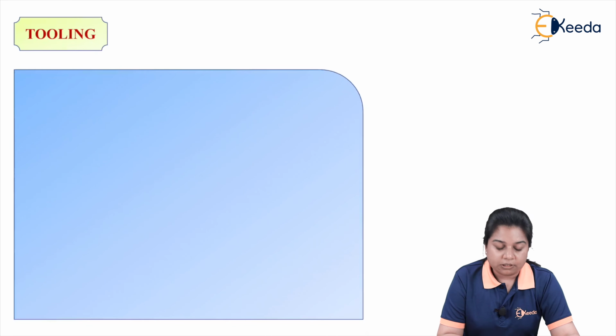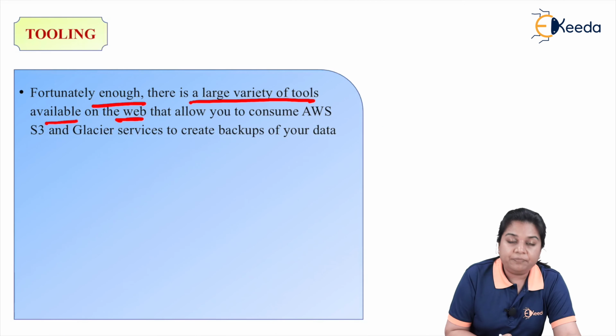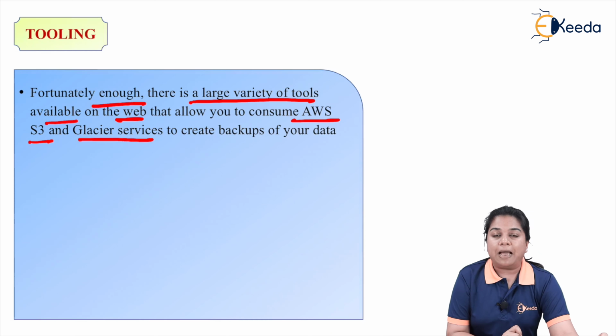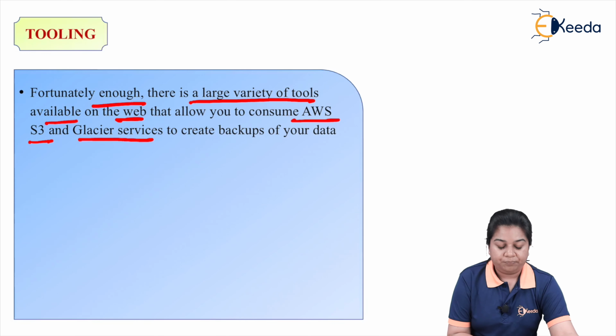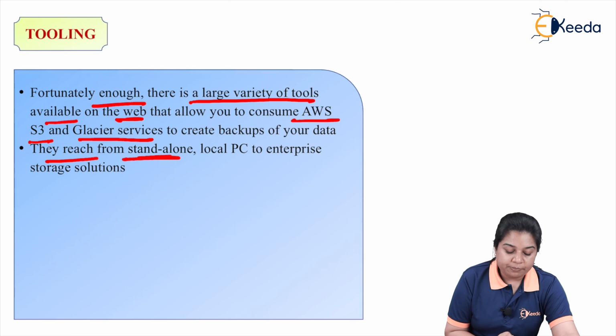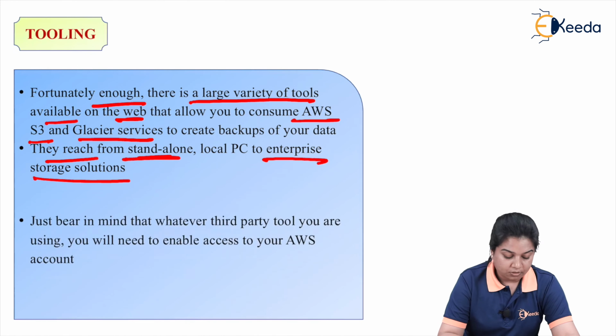Now, the tooling. Fortunately enough, there is a large variety of tools available on the web that allow you to consume AWS S3 and Glacier services to create backup of the data. They range from standalone local PC to enterprise storage solutions.